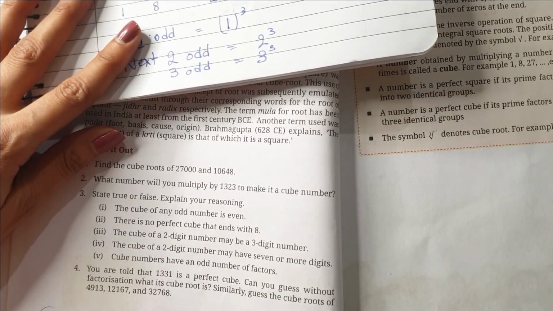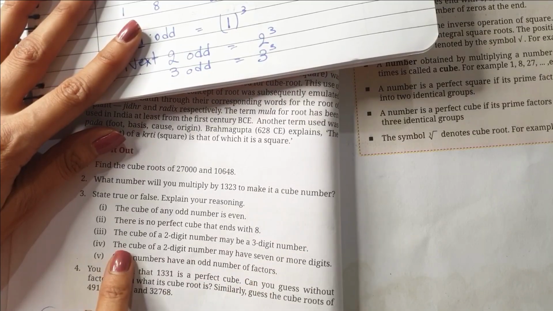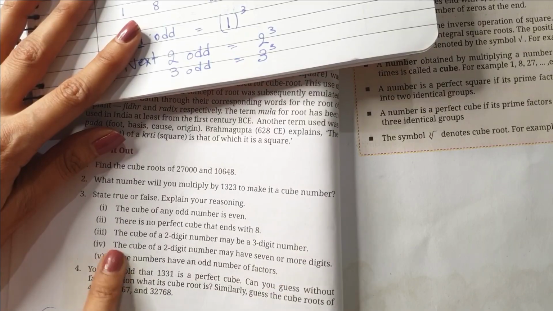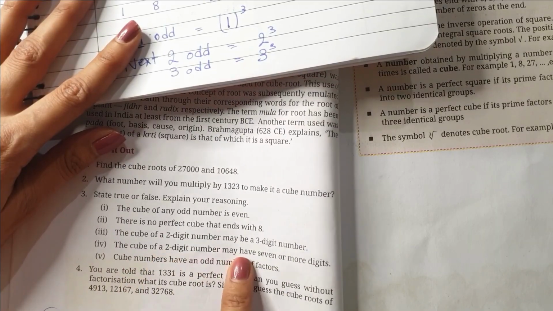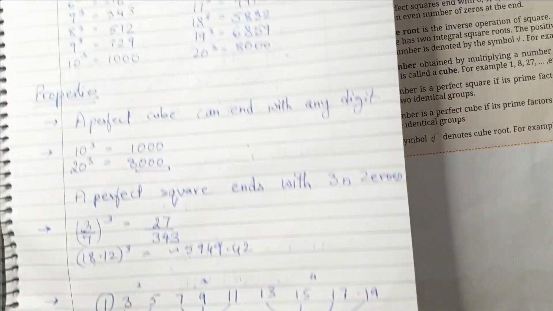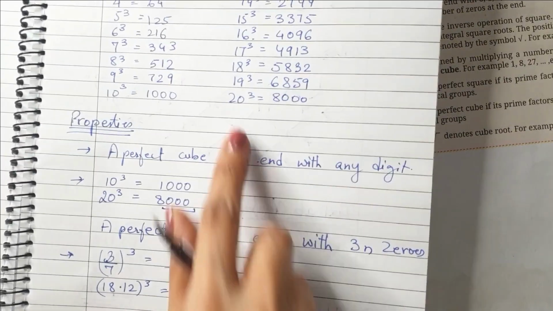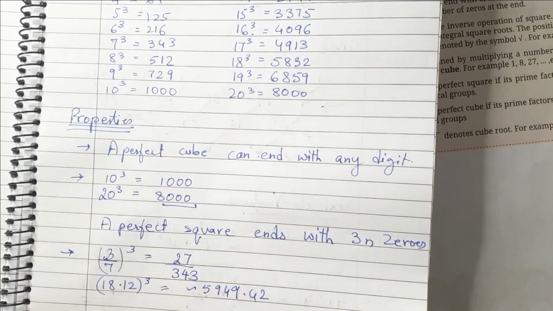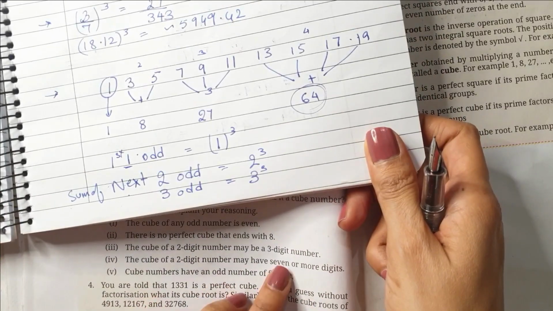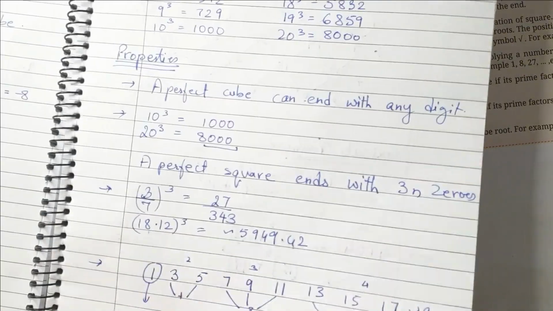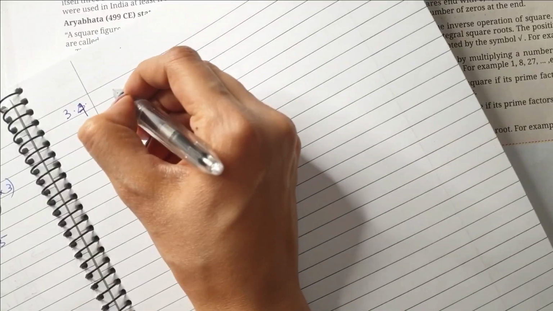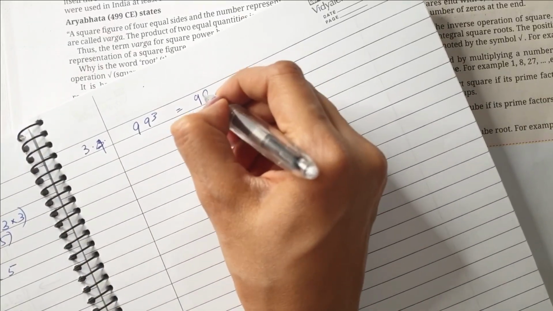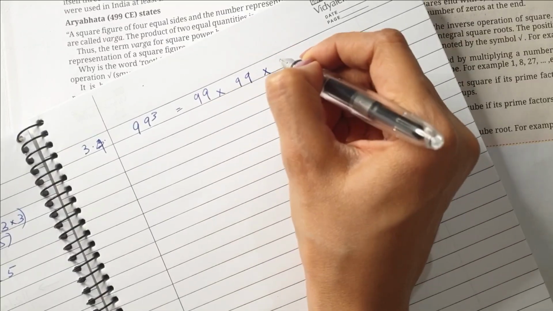Okay? Then the cube of a 2-digit number may have 7 or more digits. Now we have to check whether a 2-digit number can have 7 or more digits. How will we do this? We know that 20 cube is 8000, right? So this is again 4 digits. So if I just want to check whether it can be 7 or more digits, I'll just take 99 and cube it. I'll multiply 99 into 99 into 99.